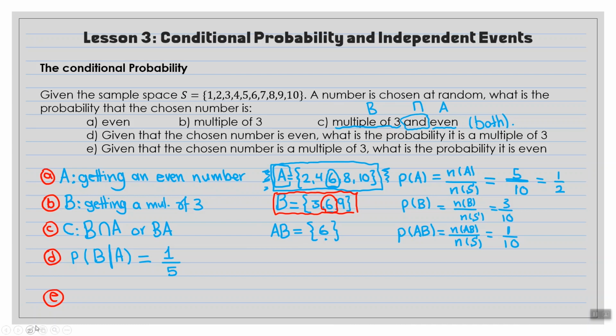So this means that the probability that your hand is on an even number, given that you have already chosen a multiple of 3, is going to be one number out of 3 numbers. Okay? These last two probabilities right here, both of them are called conditional probabilities.